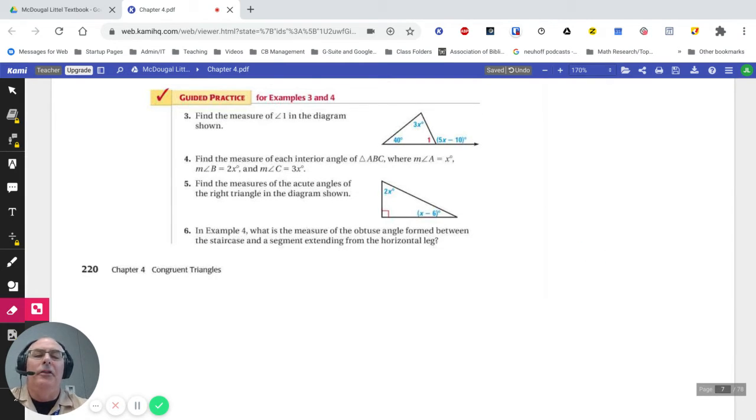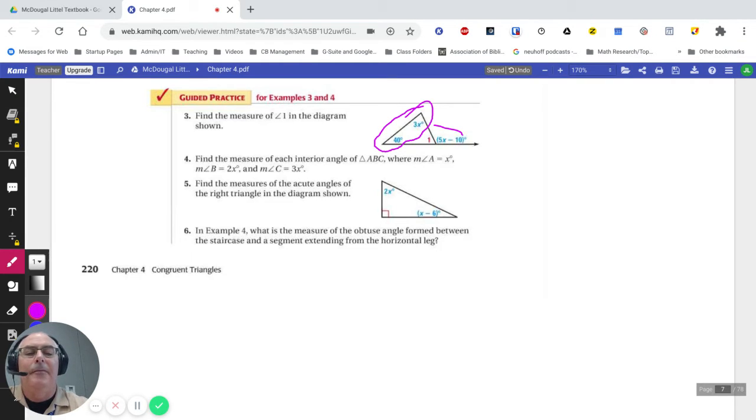If we want to see how we would apply some of these principles, in example 3, we have an exterior angle, which has x in the equation, and our two non-adjacent interior angles, where one of them also has x in it.